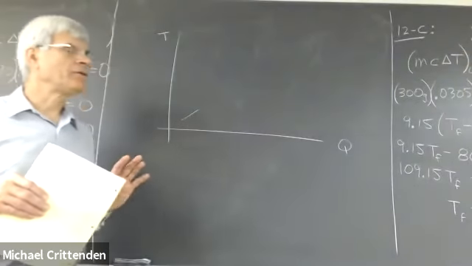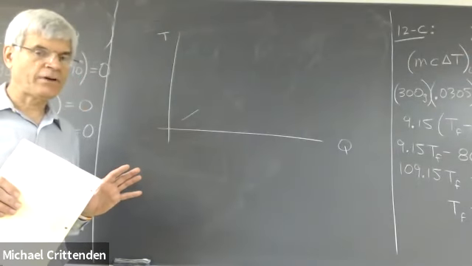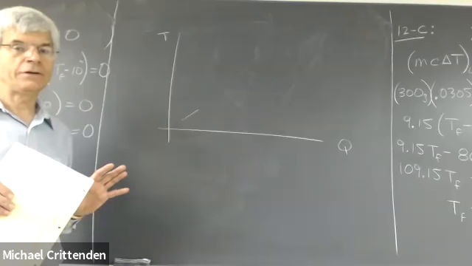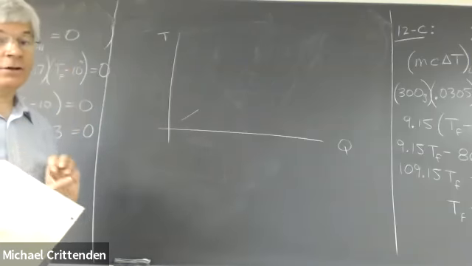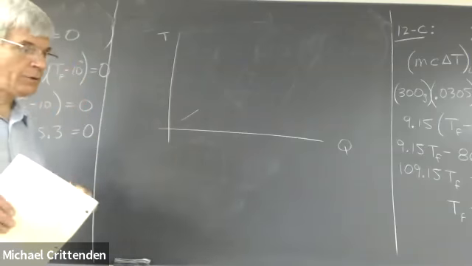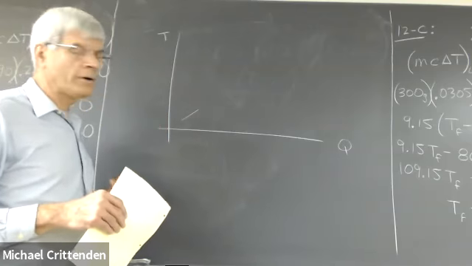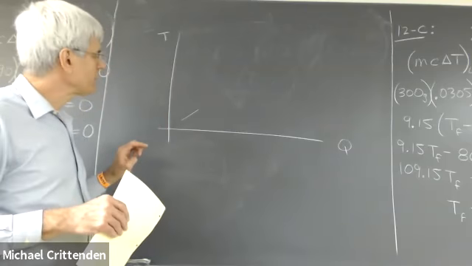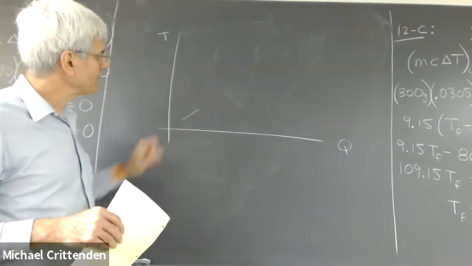But unless you're trying to be more precise than we usually bother with in an introductory course, you can think of the specific heat as constant. It's the same with expansion coefficients also. They can vary a little with temperature, but we don't worry about that in an introductory course like this. So to a pretty good approximation it is a straight line.